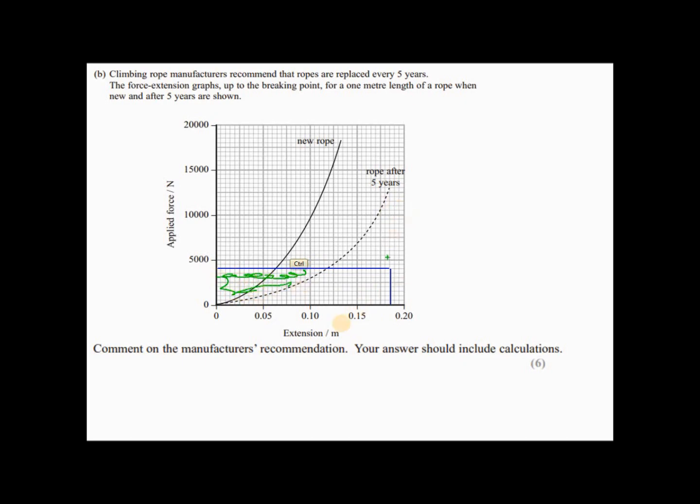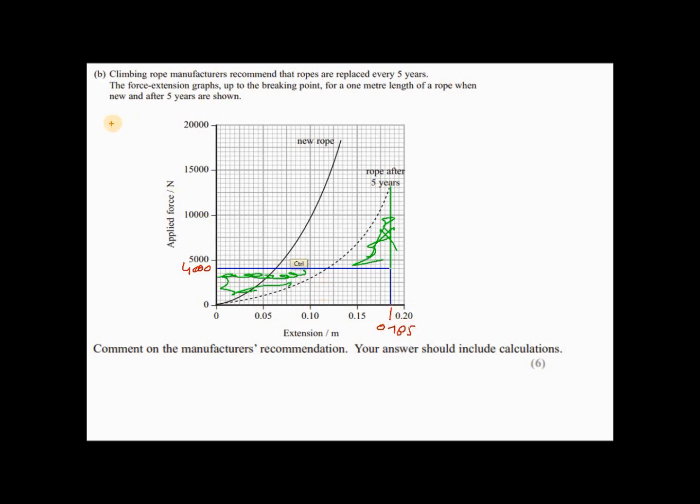I need the area under the curve, but I am excluding this area. So the area of this rectangle again will be the area under that curve. From the graph, this is 4,000 and this one is 0.185.